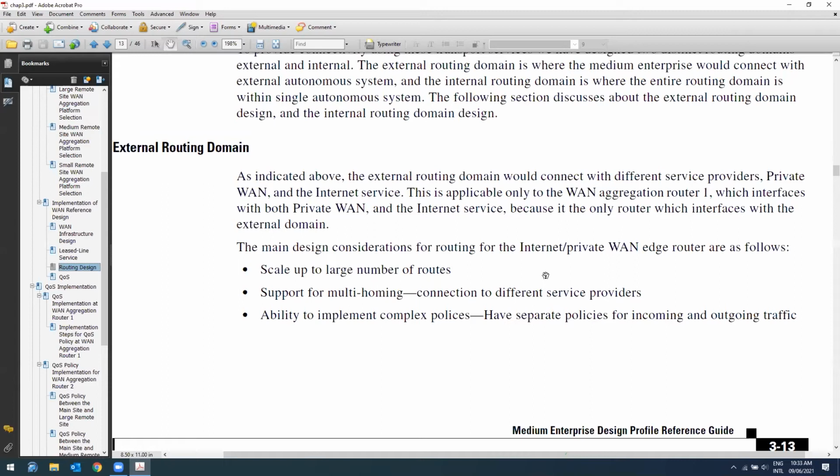The main design concentration for routing is for internet or the private WAN edge router are as follows. You can scale up to large number of routes, support for multiple homing, connect to different service providers, and ability to implement complex policies, have separate policies for incoming and outgoing traffic.